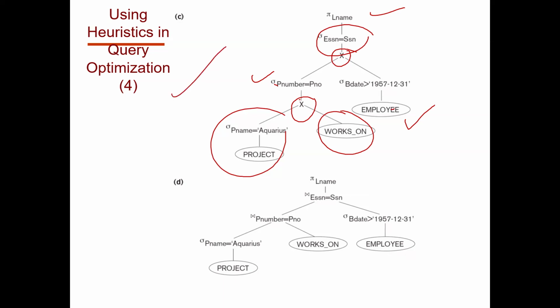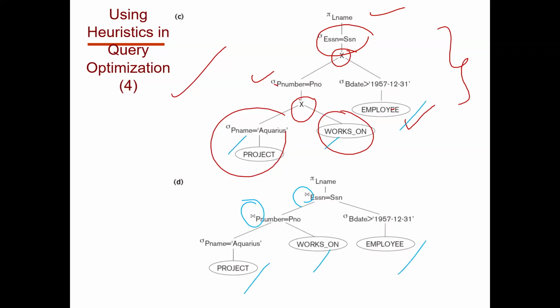Okay, so this is the fourth improvement. Now the next improvement is we are doing the same job, but instead of using the cross product, we are going to use the join. Everything remains the same: project, works on, employee.